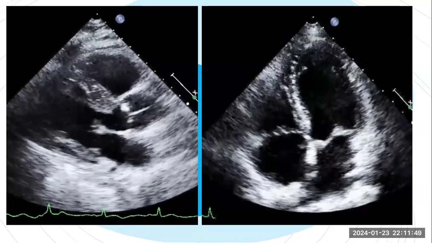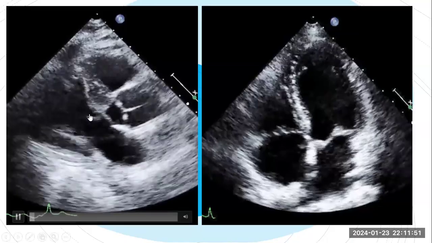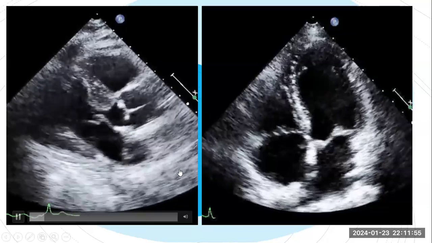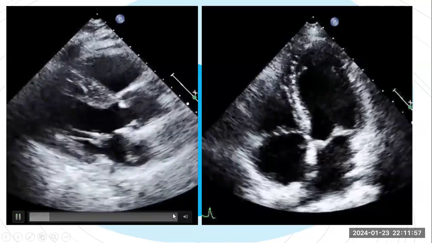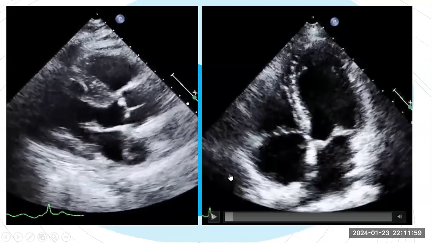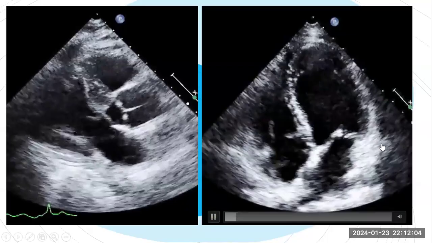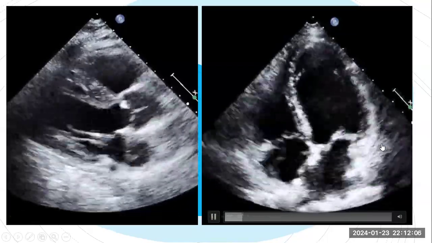That's why I just played the first video and did not start the other one. So here, this is a mass, right? Very simple, by going to the other views, you can tell me what's going on here, right?